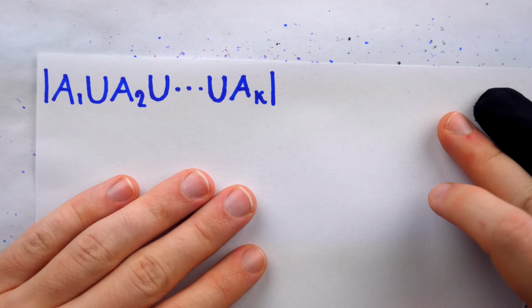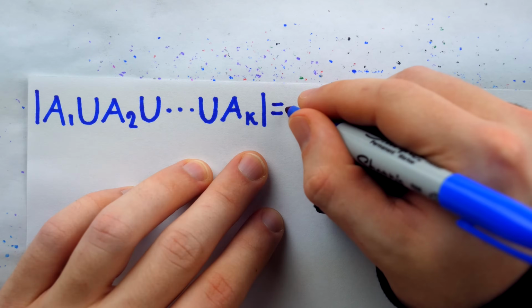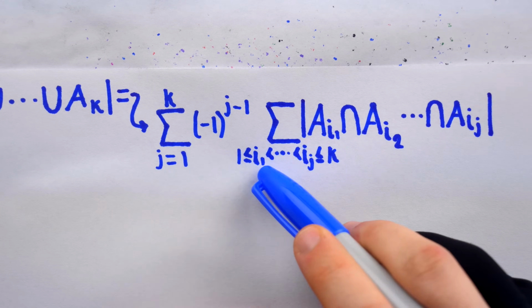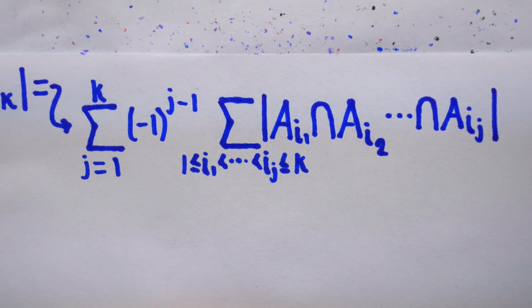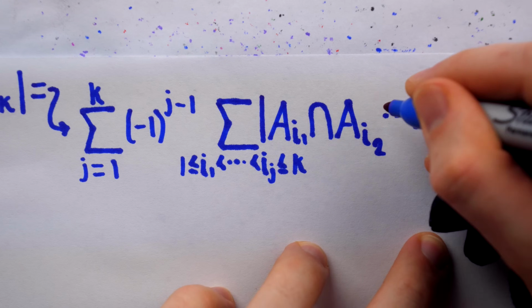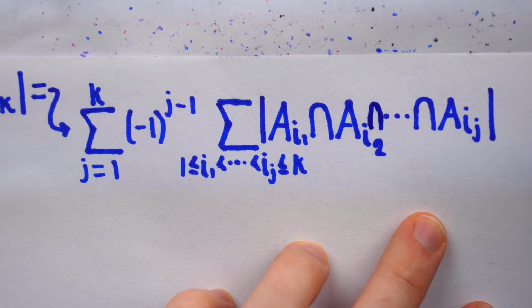To find the number of functions in a union of sets like this, we use inclusion-exclusion. And let me write this just a little bit lower so that I have some ceiling room. And there it is. This is the application of the inclusion-exclusion principle to this particular scenario. Sorry, right here before the ellipses, I should have squeezed in an intersection symbol here just to indicate the operation taking place between all those sets.